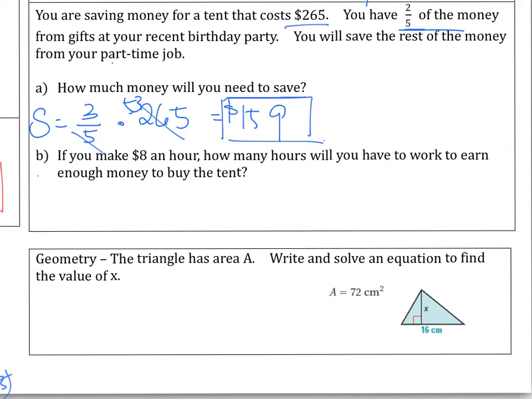Part B, if you make $8 an hour, how many hours will you have to work to earn enough money to buy the tent? So let H equal hours. So $8 an hour, 8H will give you the total that you need to make.